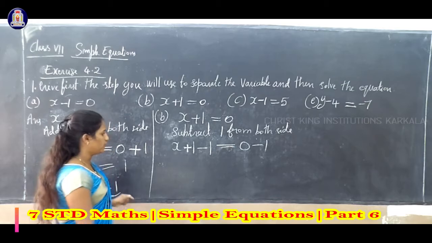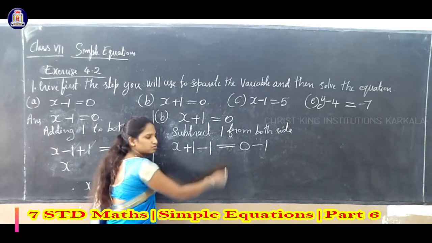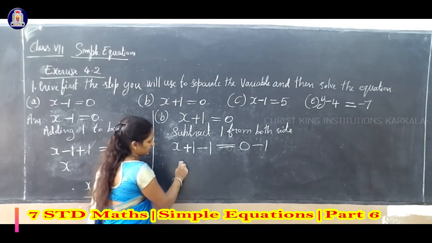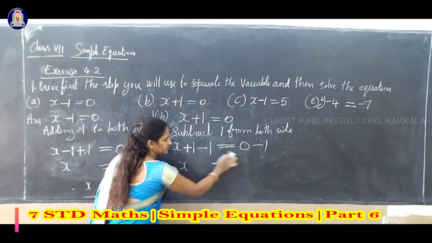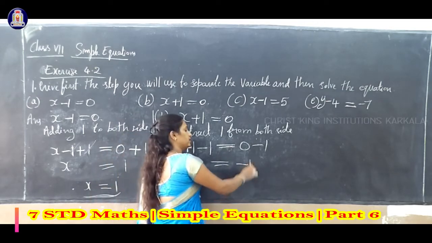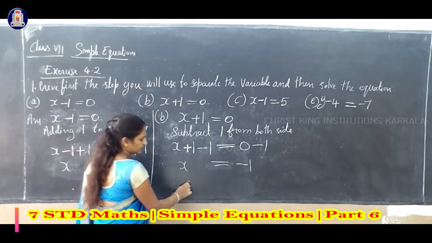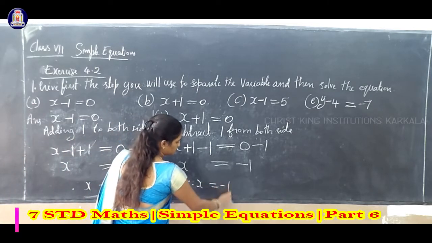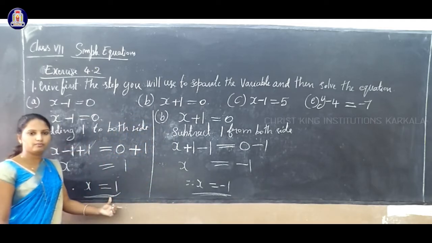Now x plus 1 minus 1, and on the right hand side 0 minus 1. Simplify this: plus 1 minus 1 get cancelled. Then on the right hand side we get 0 minus 1, which is minus 1. Therefore x is equal to minus 1, and in the first one x is equal to plus 1.